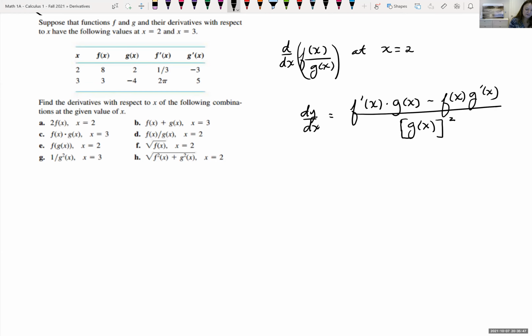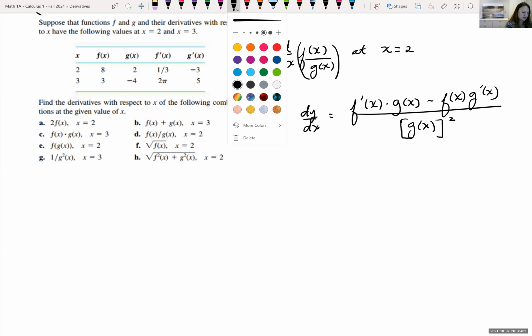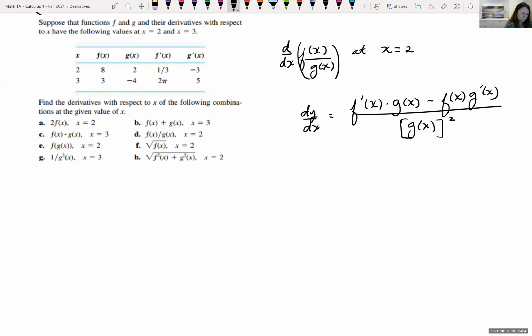So now if I wanted to evaluate this at x equals 2, I would just go in here, right? And I would plug in 2 wherever I see x.